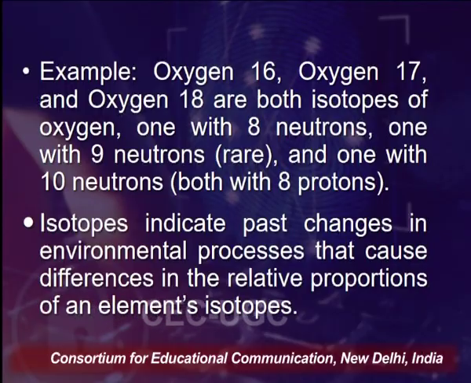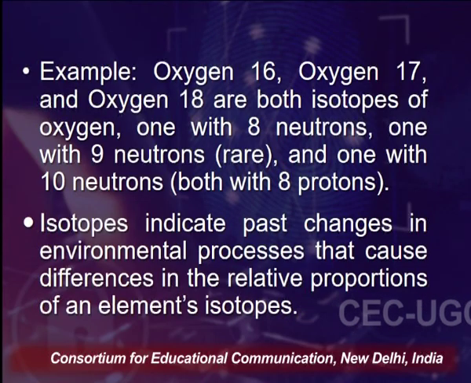To introduce this, isotopes are atoms with the same number of protons but a differing number of neutrons. Isotopes are different forms of a single element. For example, carbon 12 and carbon 13 are both isotopes of carbon, one with 6 neutrons and one with 7 neutrons, but they both have 6 protons.